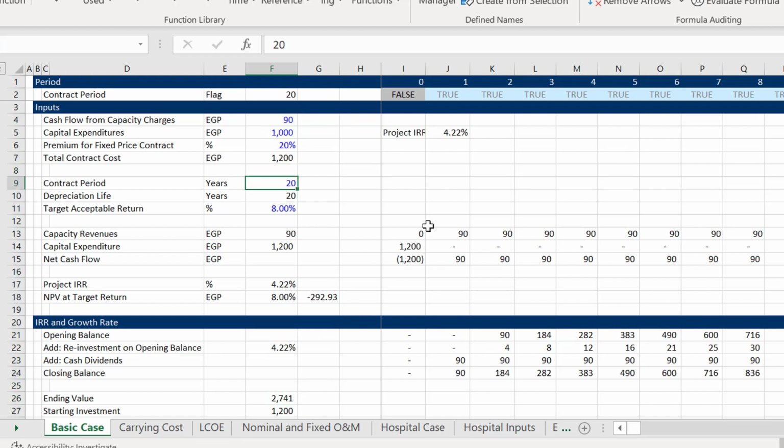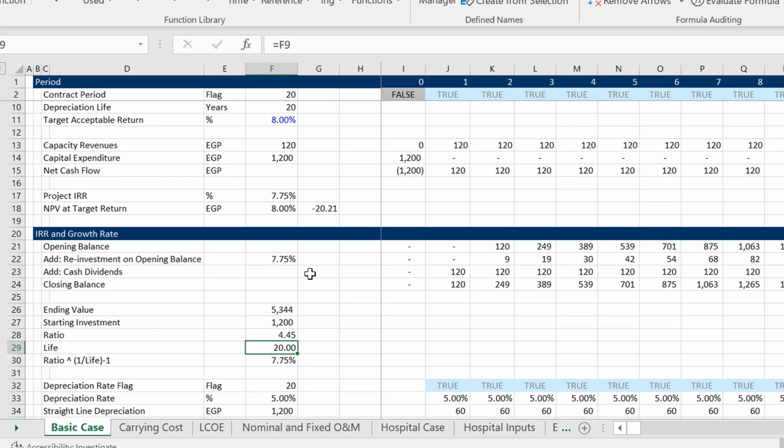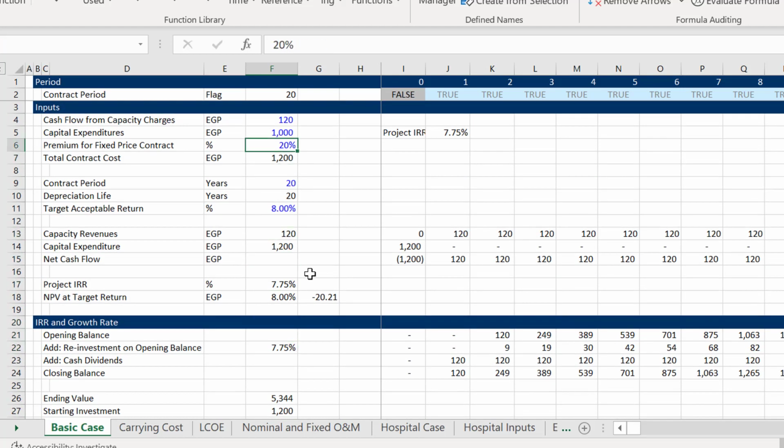But if we make 120, suddenly our ending value is, so what was that last one I had? 90. If I increase, and that gave us a 4% IRR. If we get a 7% IRR, we get 5,000. The whole growth rate thing works. But if we can start to get a whole lot, then the amount of money we actually get is enormous.